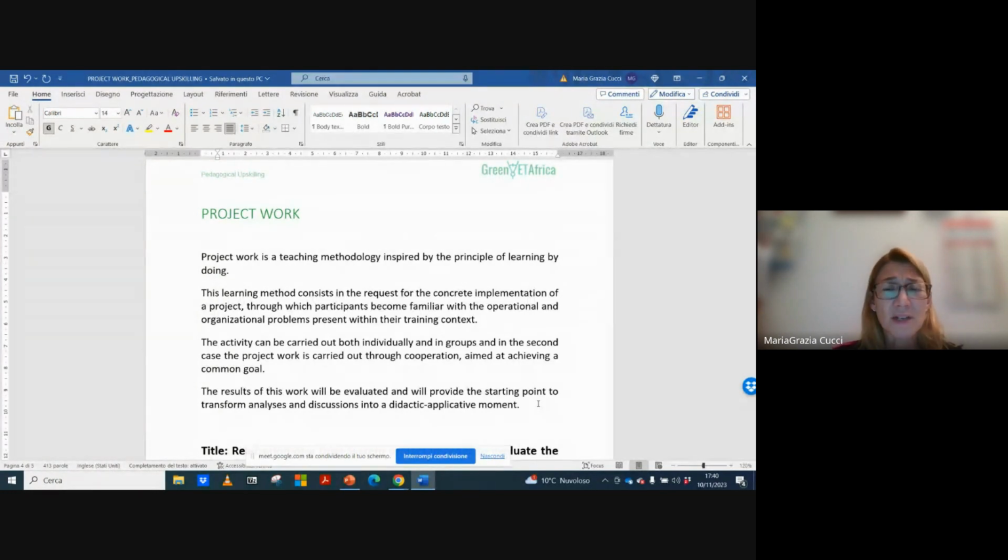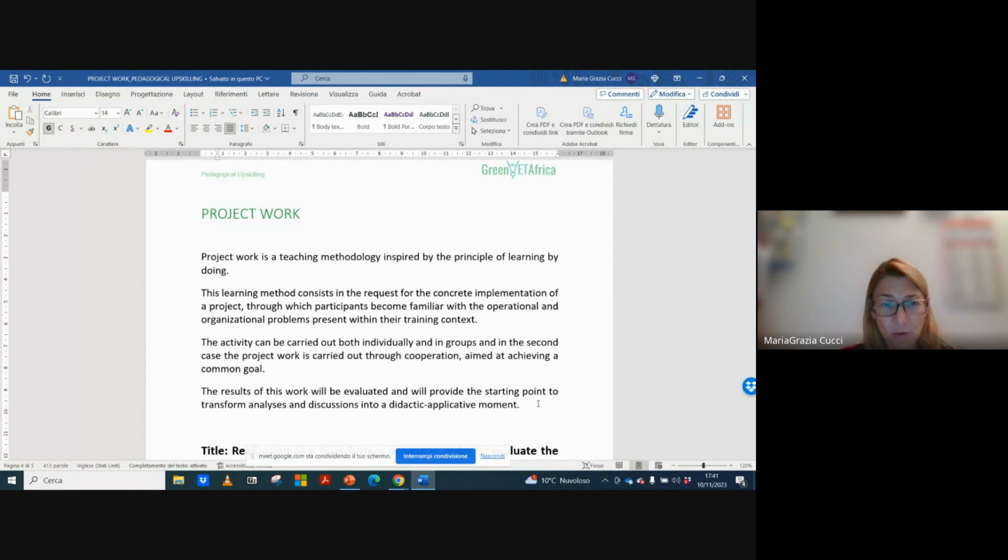We all know that learning by doing is one of the best ways we can be sure that the skills and competencies that we try to give to our students are inside them, are not only something that they know, but something that they are able to do, an ability. So this method consists in a request of the concrete implementation of a project through which participants become familiar with the operational and organizational problems present within their training context.